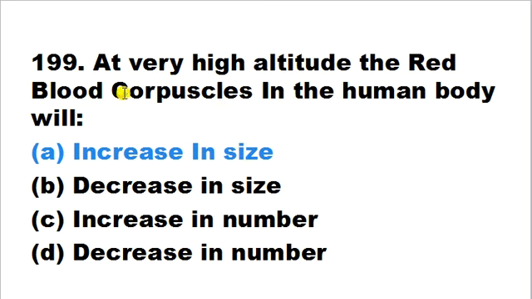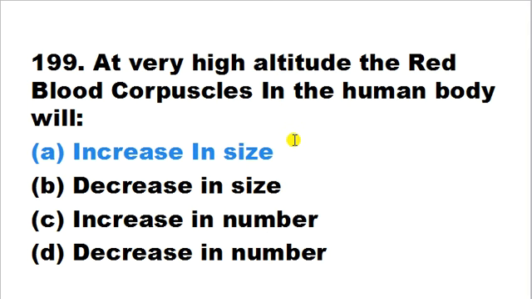When they find there is less oxygen, the hemoglobin amount increases in the blood, that means in the RBCs, hemoglobin having the capacity of carrying oxygen. So when hemoglobin increases, the RBC size also increases to get more oxygen, because there is less oxygen in the atmosphere.